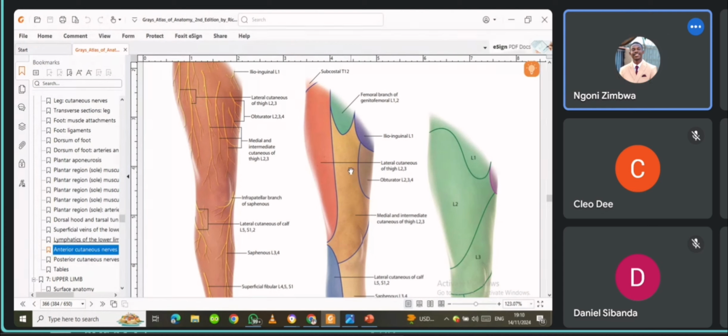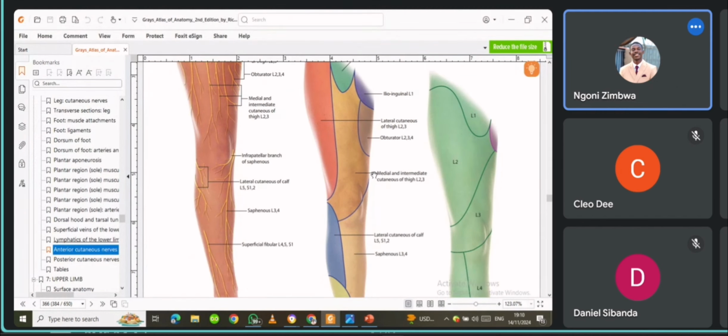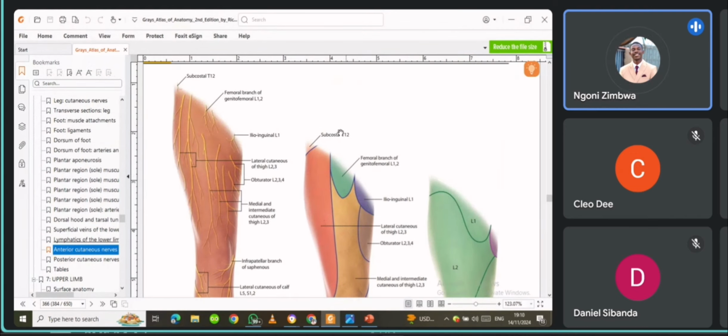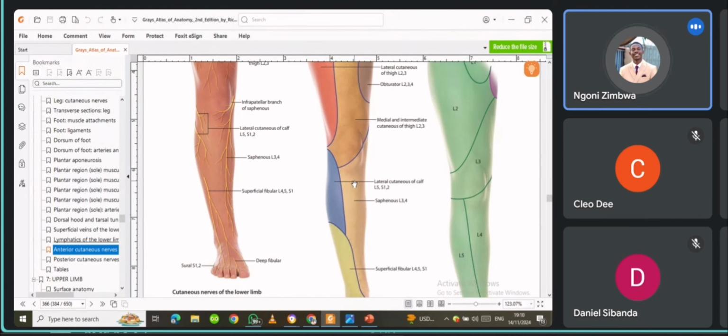They are all coming from the femoral nerve. So if you have a disease of the hip joint, pain can be referred to this area as well. Also, via the posterior obturator nerve that supplies the hip joint and the knee, pain of the hip joint can also be referred to the knee.